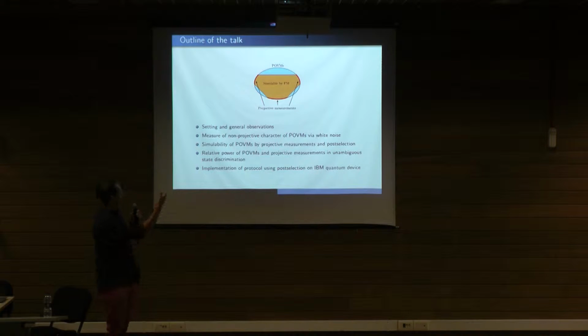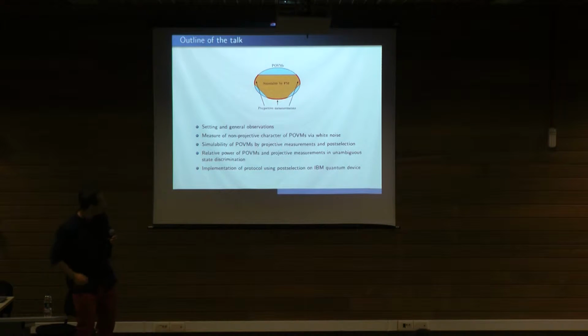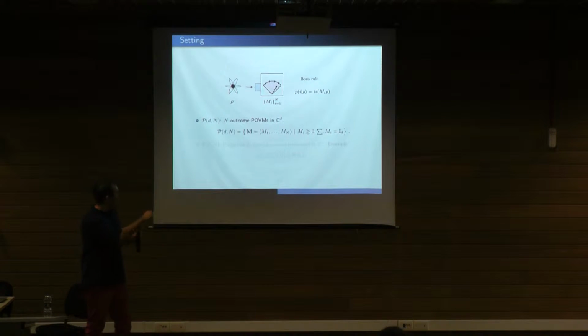I will apply those results to the problem of relative power of POVMs and projective measurements in the context of unambiguous state discrimination. And lastly, I hope I will manage to get there, I will present some results on implementation of the protocol that involves post-selection on an IBM quantum device. So maybe, let's get started.